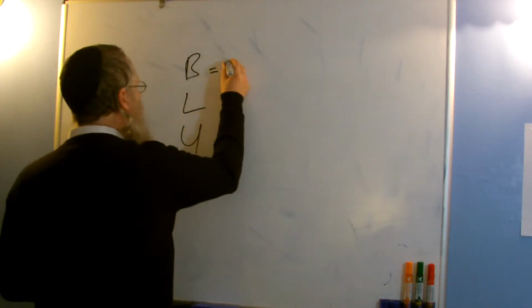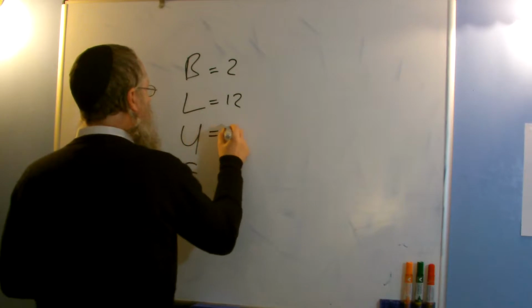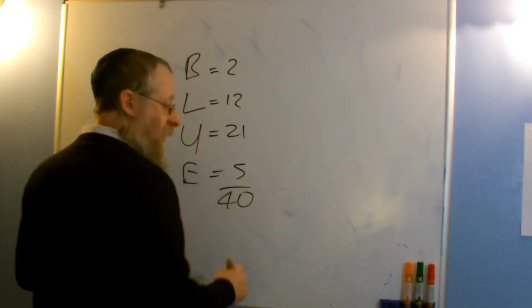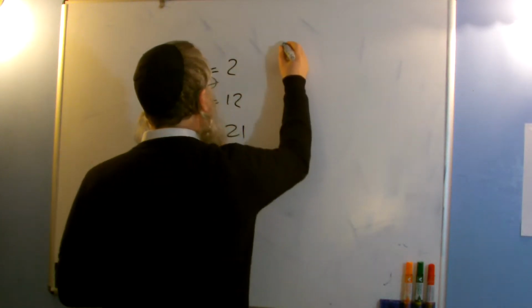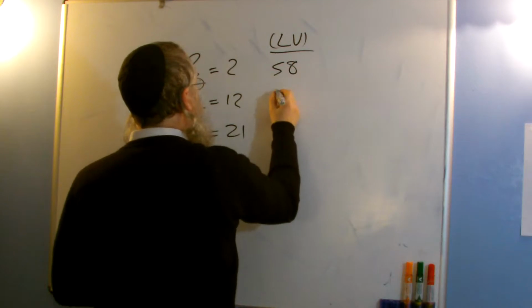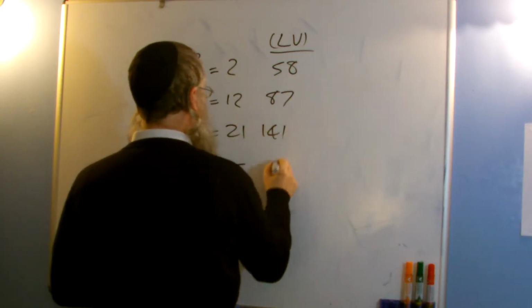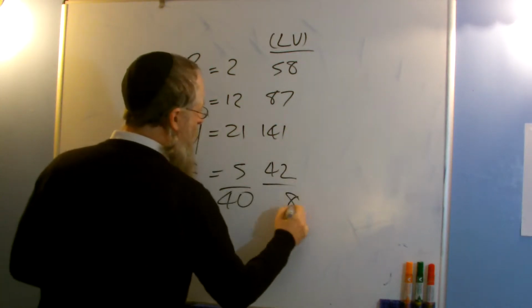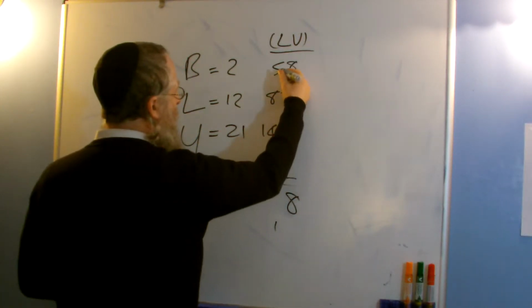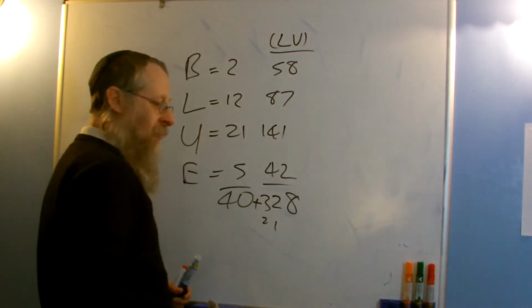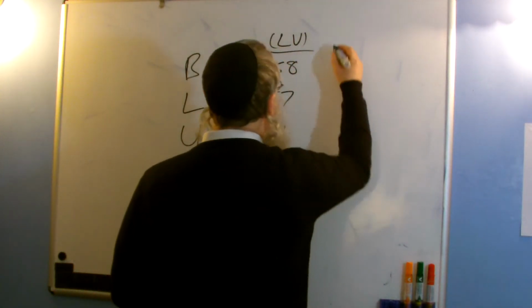Blue, we've already seen its placement value to be 40. Now we're going to look at the large value. That's 58, 87, 141, and 42. If I add those together, I get 328. And I'm going to look at one other value. I'm going to look at the normal values.